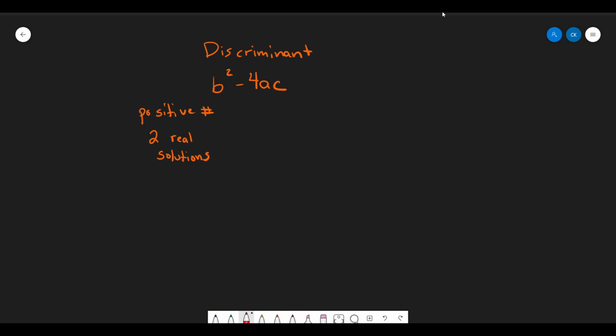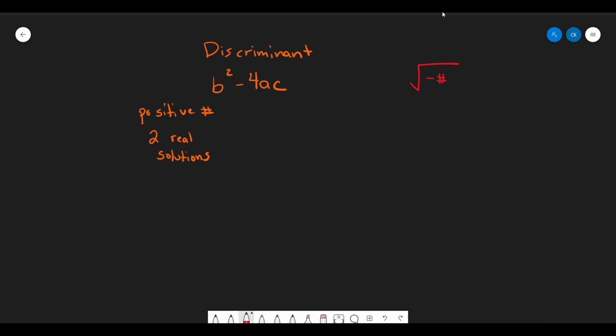Well, what happens if I get a negative number for b squared minus 4ac? Meaning, if I had the square root of a negative number. Well, can you even do that? Can you take the square root of a negative number? Well, the answer is no. You cannot take the square root of a negative number. At least, we don't know any way to.